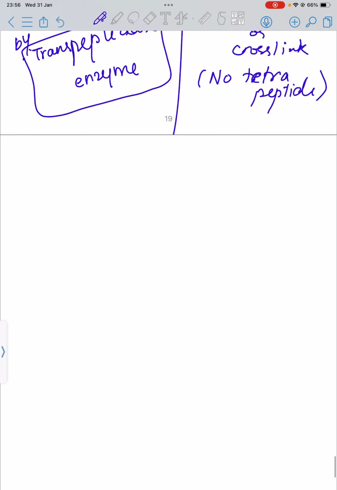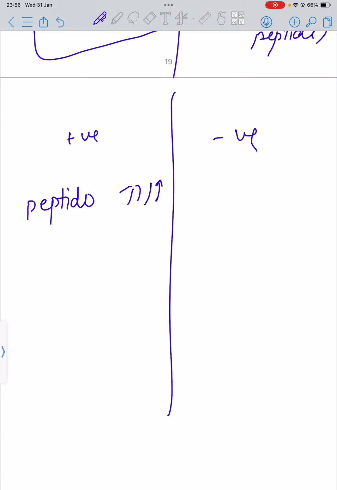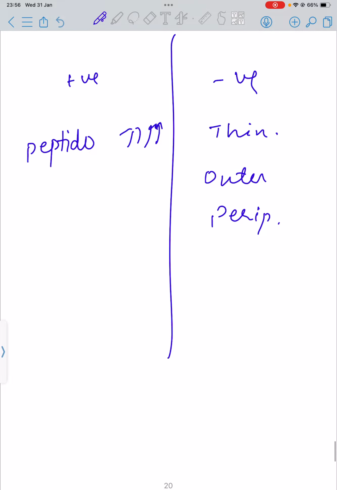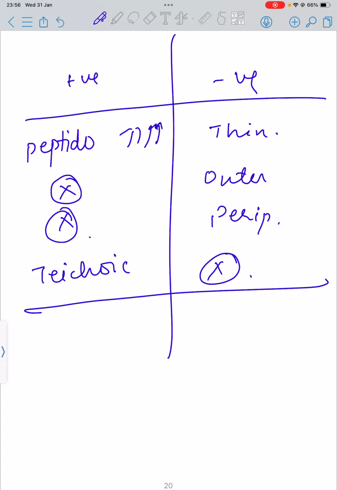Now, summarizing everything, gram positive, gram negative, you know the basic difference that peptidoglycan is very thick here, it is thin here, and it has outer membrane and periplasmic space. Here, no such things, and here teichoic acid is present, here no teichoic acid. This is the basic difference that you had.